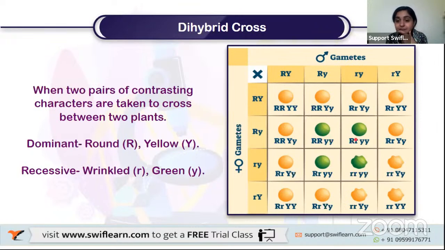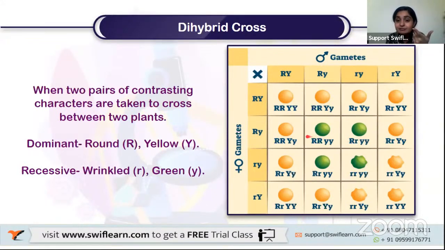Moving further here, if you see, R is capital here, but r in the row above is small. So the dominant one, R, is round, hence the product is entirely round. But on the other hand, y here is small and y again here is small, hence the product that we get is round but green in color. The color comes from the recessive, less dominant one.